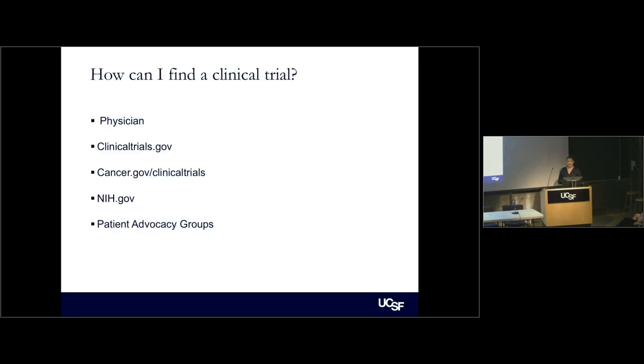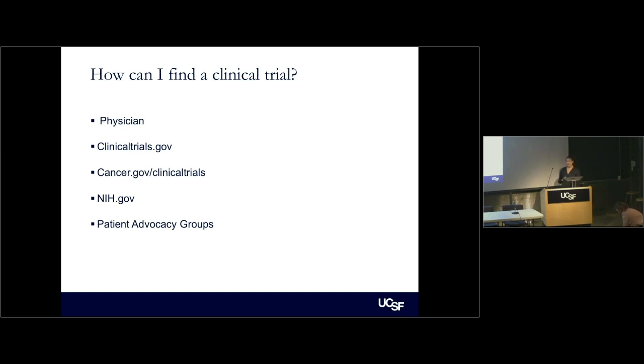So for patients, how can I find a clinical trial? The best place to start is with your physician. They'll know the most about your disease type and what trials you may be eligible for. Online resources, we've got clinicaltrials.gov, which all of our clinical trials' information is required to be put on, so you can look there.